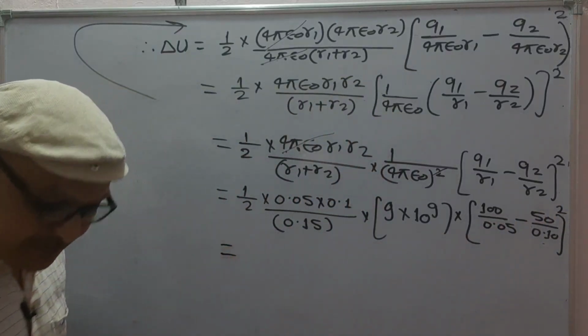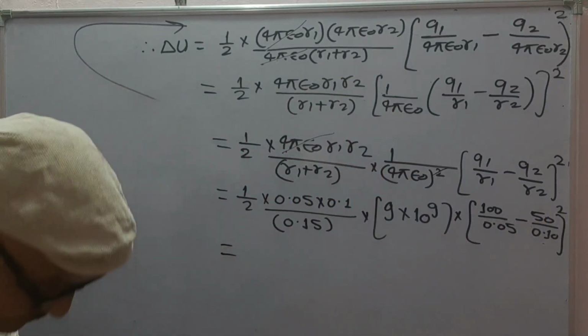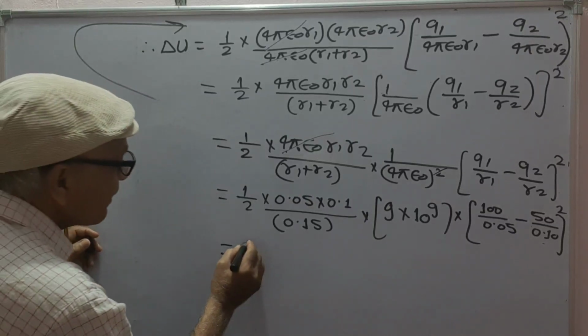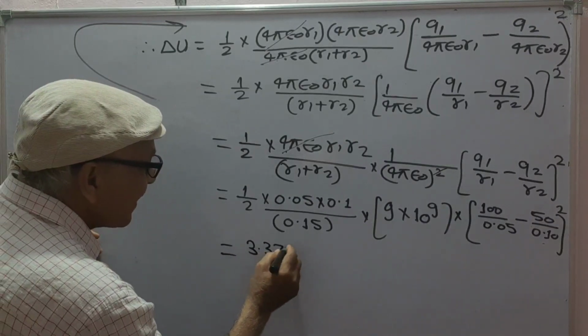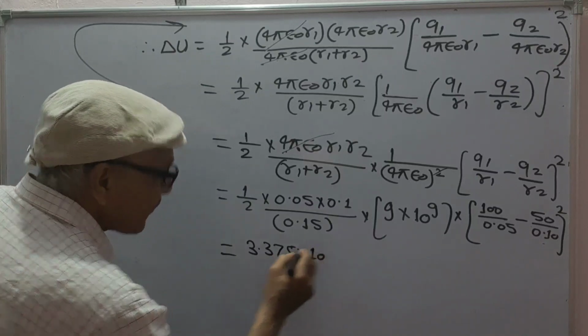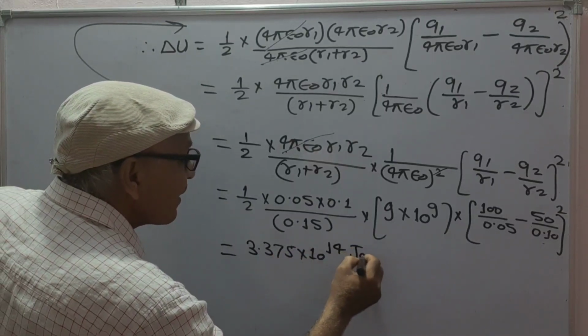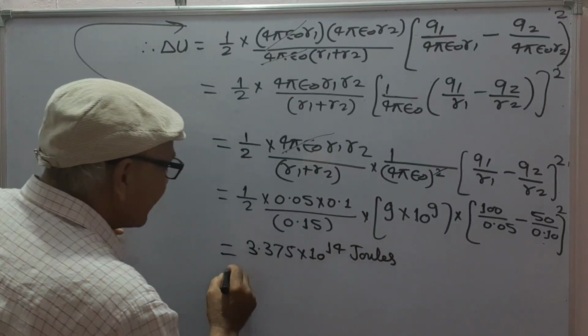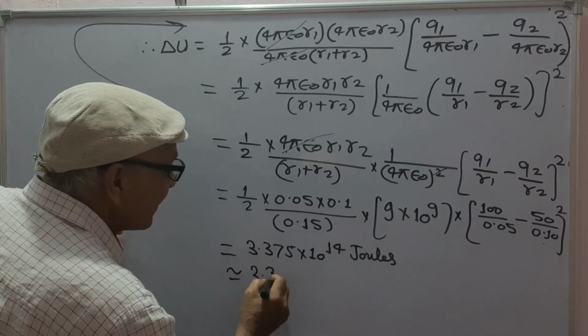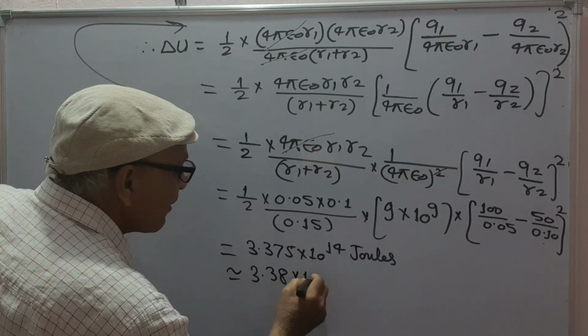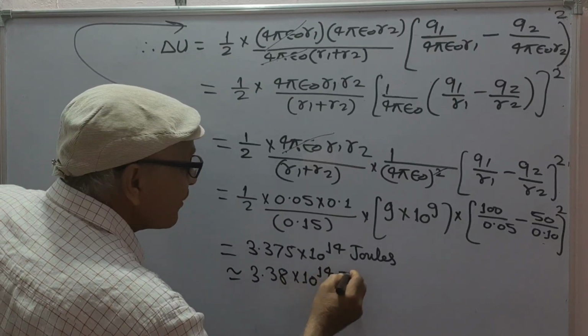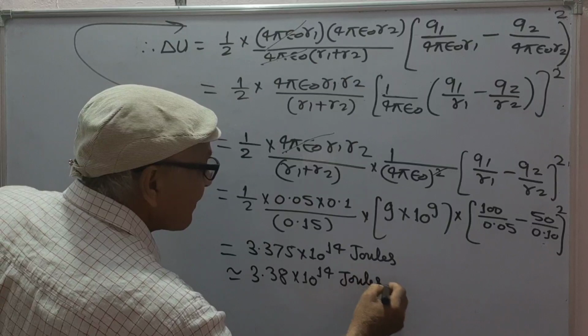On simplification, we get loss of energy as 3.375 into 10 to power 14 joules, which is nearly 3.38 into 10 to power 14 joules.